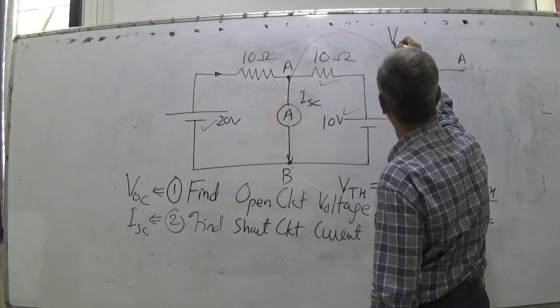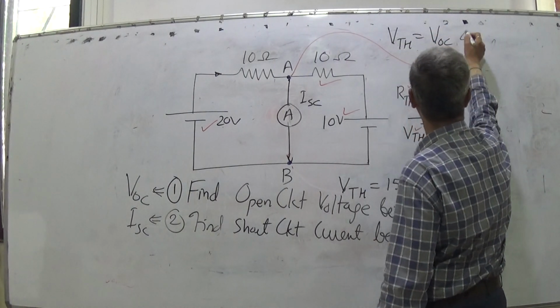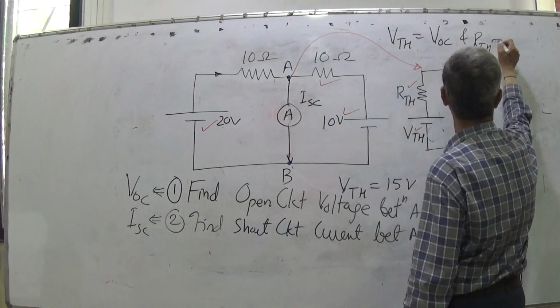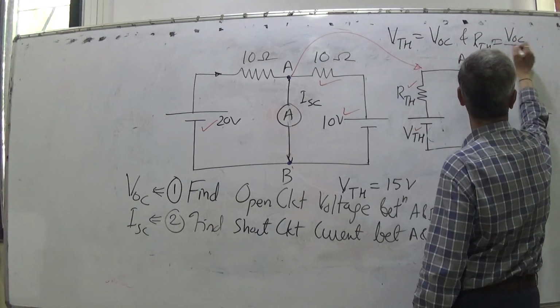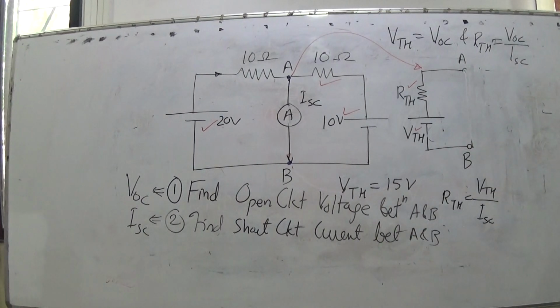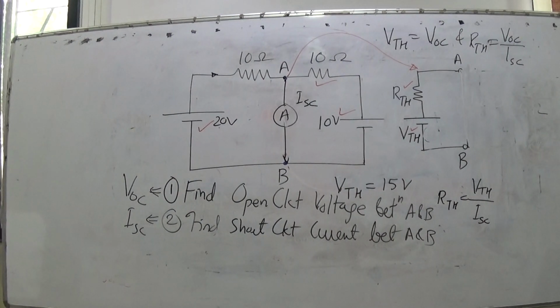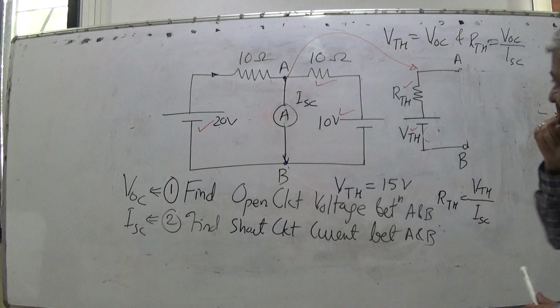So the answer is given by VTH equal to VOC and RTH equal to VOC upon ISC. So with this, it is possible for us to find both the values of Thevenin's equivalent circuit.